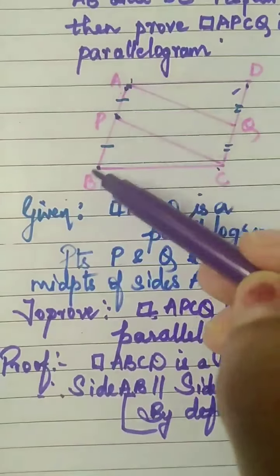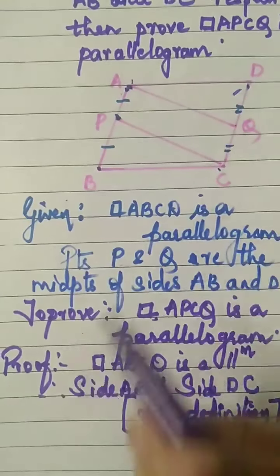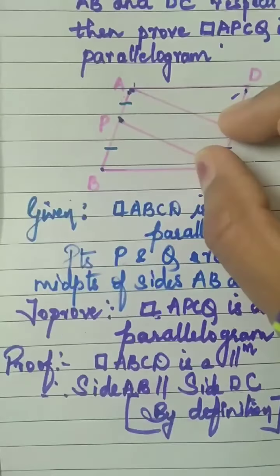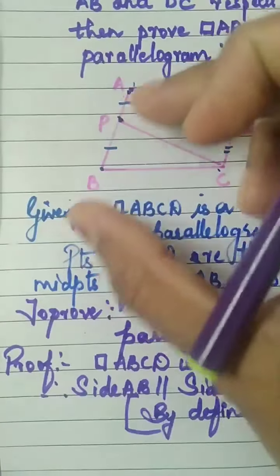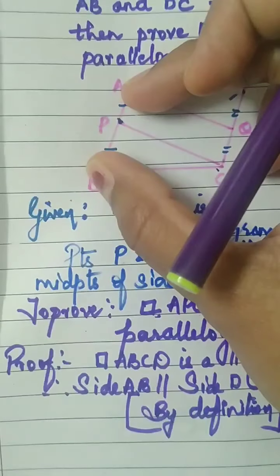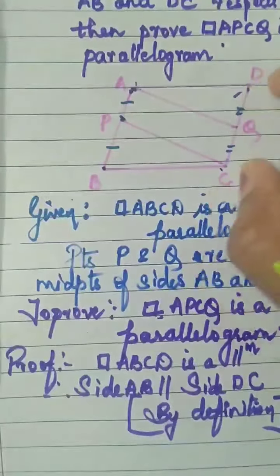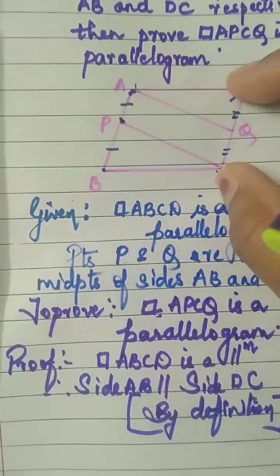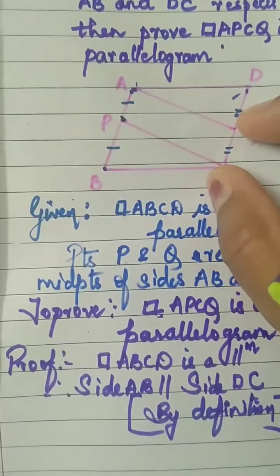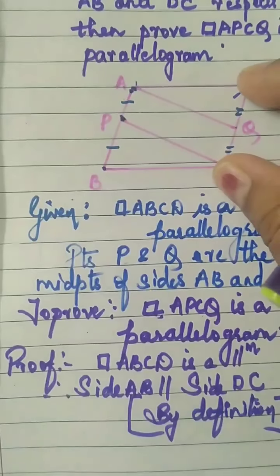Now if AB is parallel to DC, now out of what we have to prove, APCQ, AP belongs to AB. AP is part of AB. So if AB is parallel to DC, that means AP will be parallel to CQ. CQ is part of DC, no?